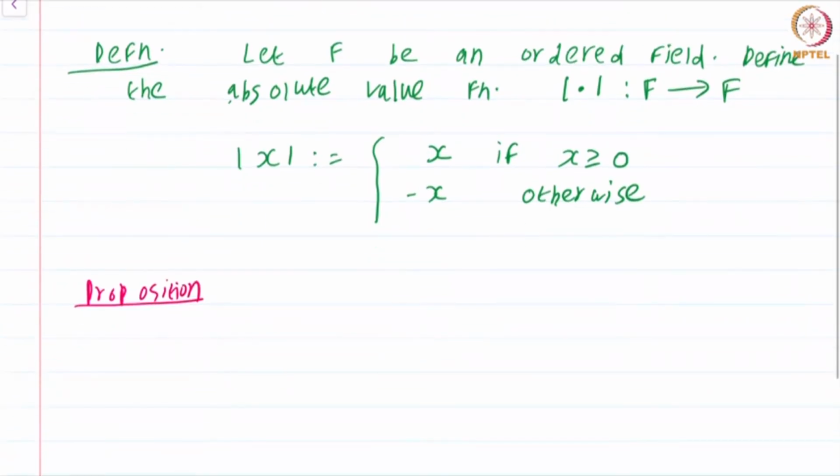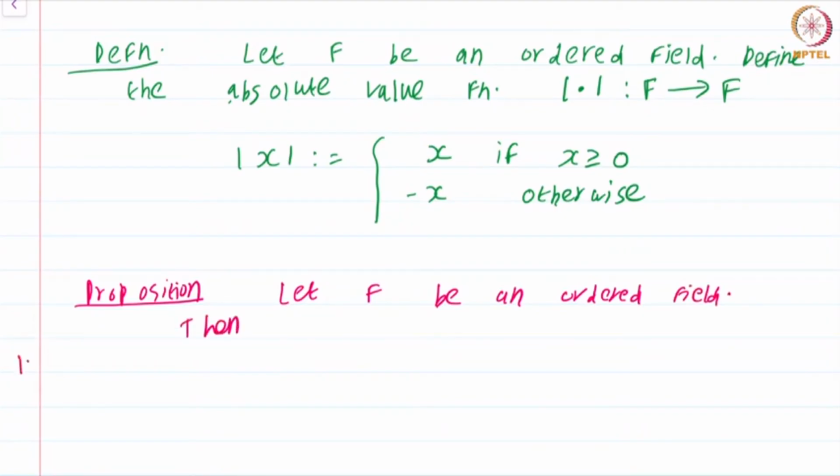Let F be an ordered field. Then we have various properties. Number 1: for each x in F, we have mod x greater than or equal to 0.